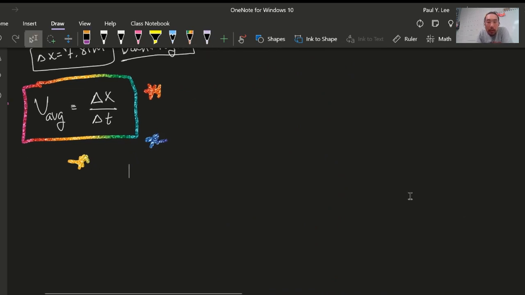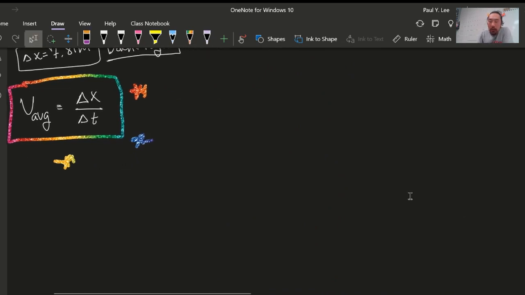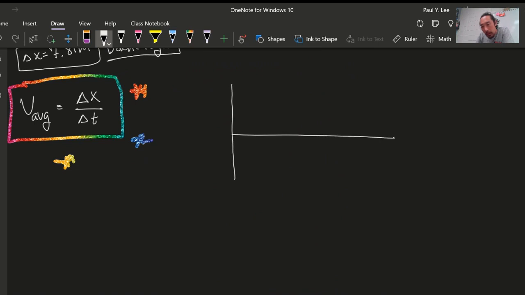All right, the last thing I want to do is just do a graphical example with you, because that's how most of our problems will look in our class. All right, so let's do position here, and we have time here in seconds.